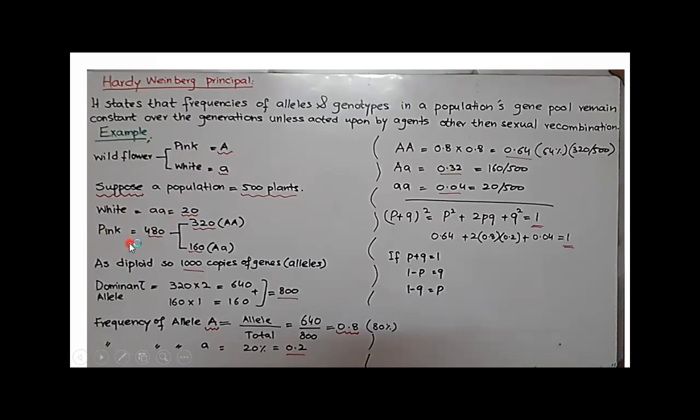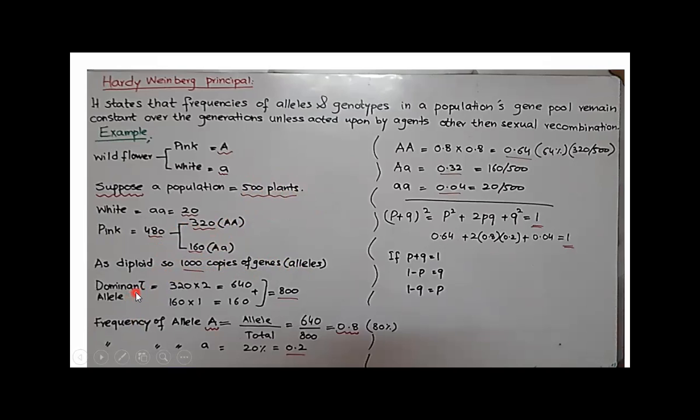The pink ones are, for example, 480 in number, out of which 320 are homozygous dominant and 160 are in heterozygous condition. As diploid organisms, individuals are present, so 1000 copies of genes as alleles are present in a population of 500 plants, 500 into 2.